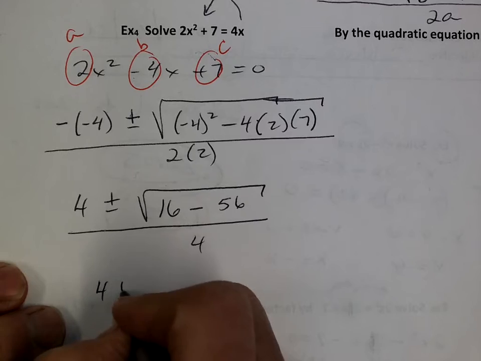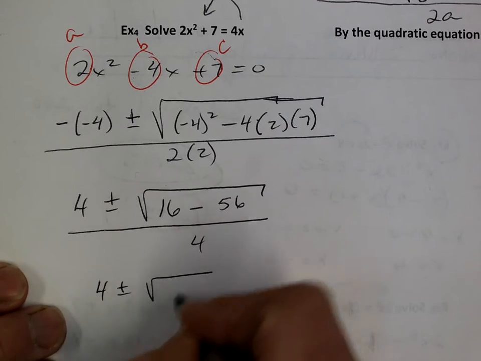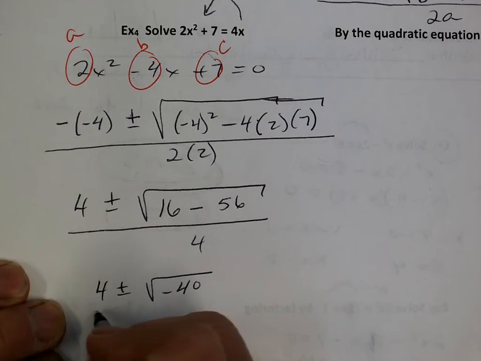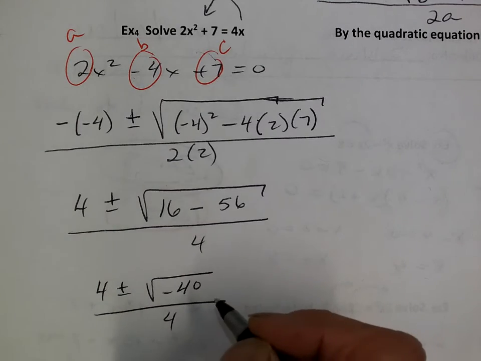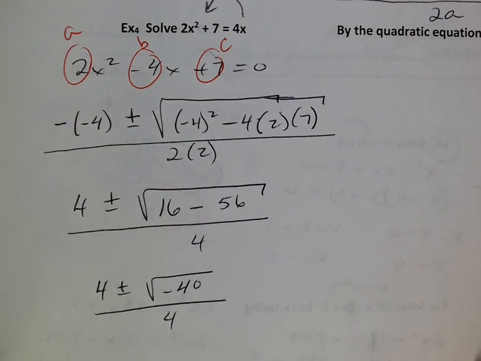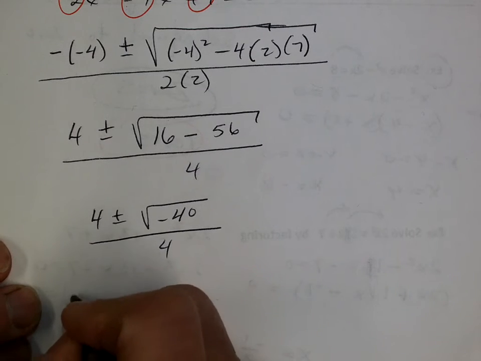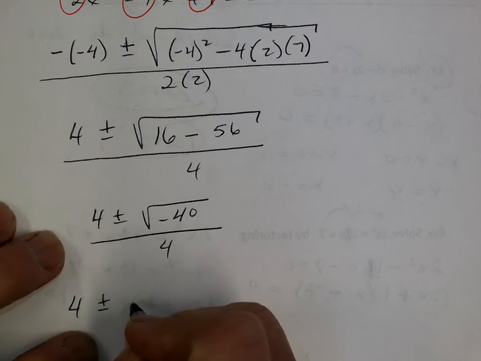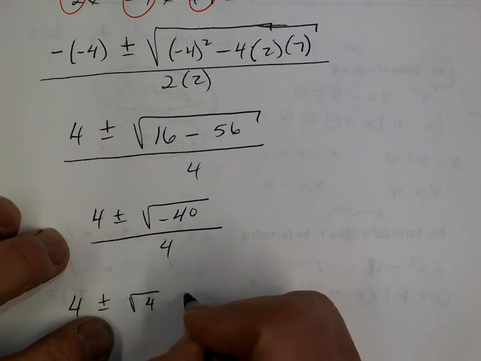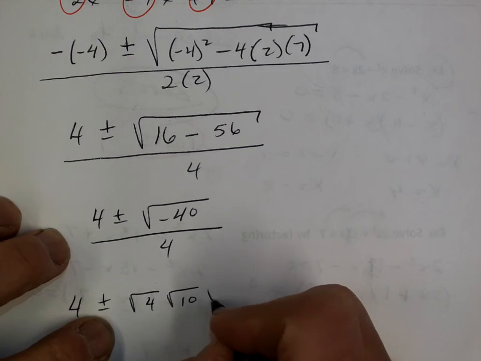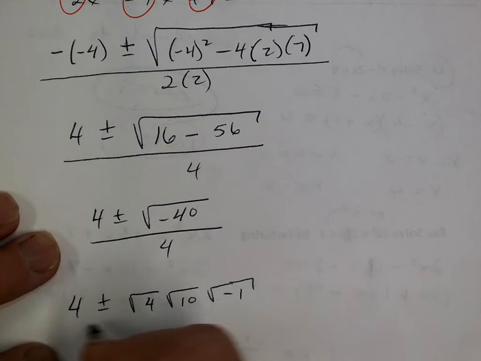So we've got a 4 plus or minus the square root of a negative 40 over 4, okay? I'm going to have a 4 plus or minus square root of 4, square root of 10, square root of negative 1, all over 4.